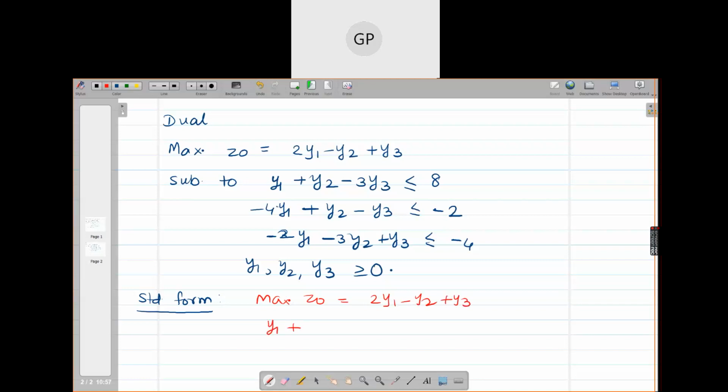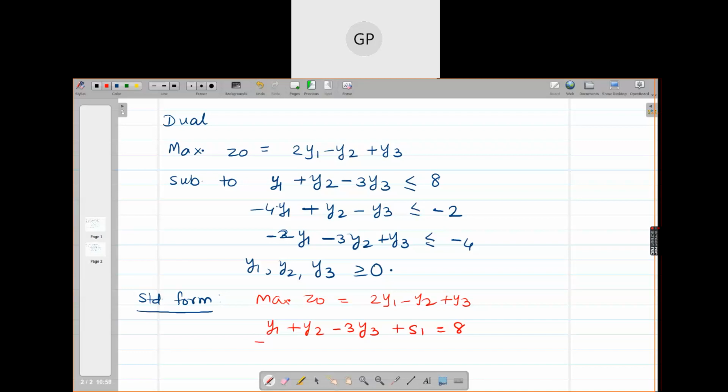Can you tell me the first constraint? y1 plus y2 minus 3y3 plus S1 equals 8.